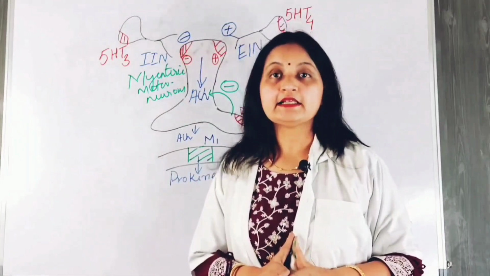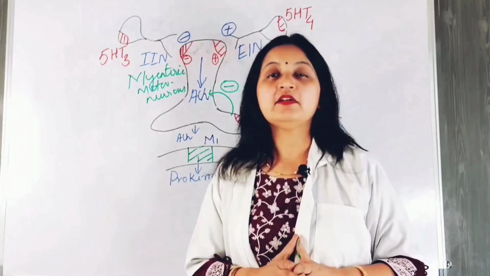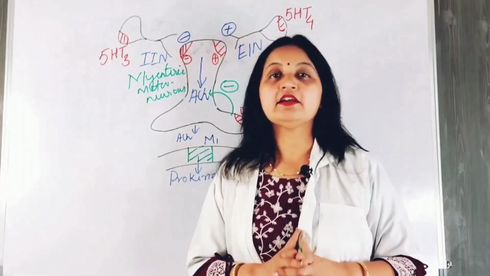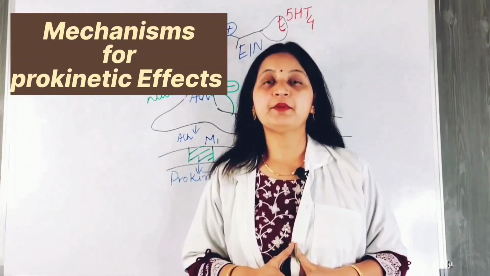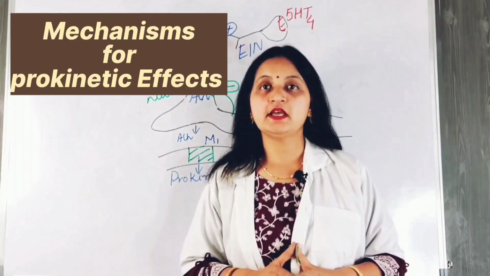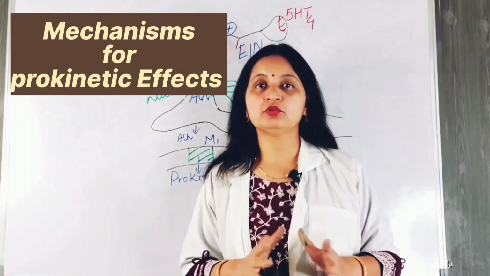Therefore, drugs that act as agonists on the 5-HT4 receptors and drugs that antagonize the 5-HT3 receptors increase the prokinetic effects. So now that we have learnt about the mechanisms that are responsible for the prokinetic actions, let us now know more about the prokinetic agents and how they act.